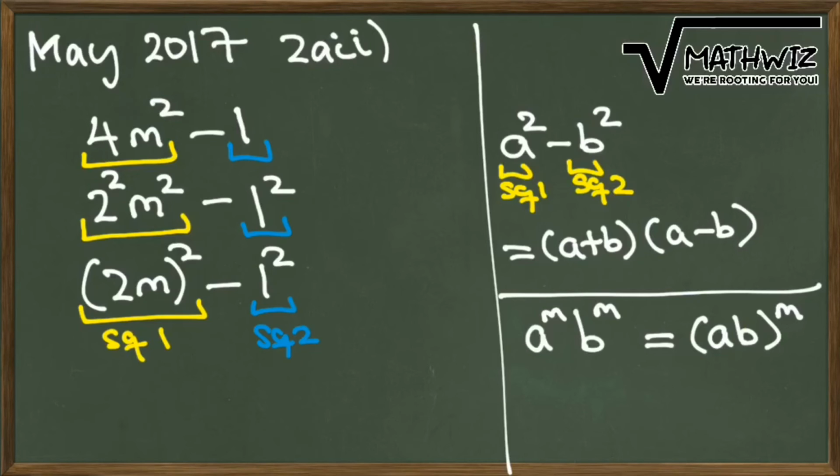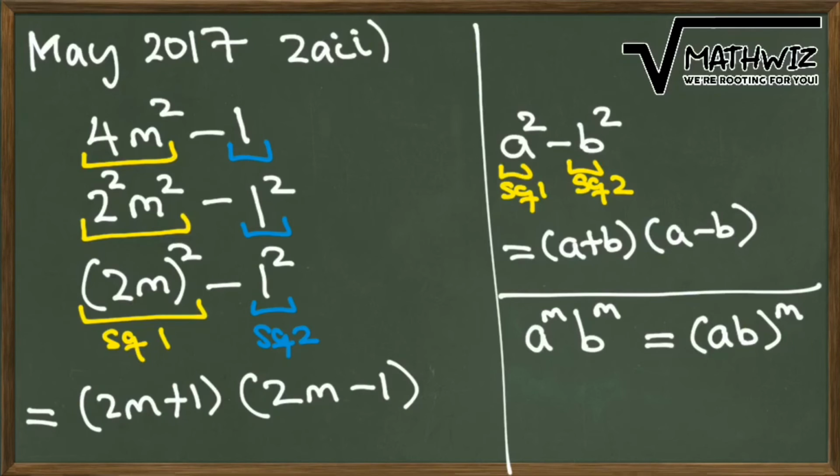And at this point, it's clear to see that we have a squared minus b squared. So our answer is simply going to be a plus b, a minus b. All right, so we have a squared minus b squared becomes a plus b, a minus b.